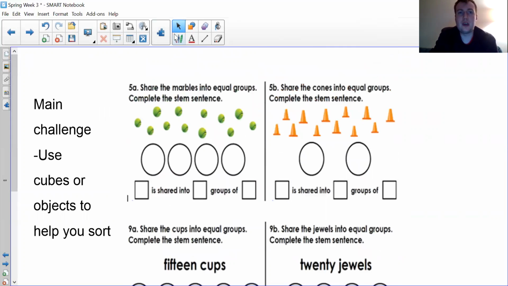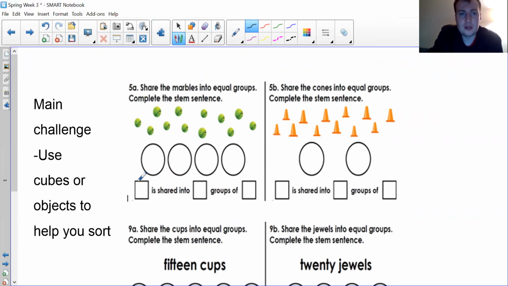Right, so on this one, you should have got 12 is shared into 4 groups of 3. Here, we should have got 12 is shared into 2 groups of 6, because there's only 2 circles now.